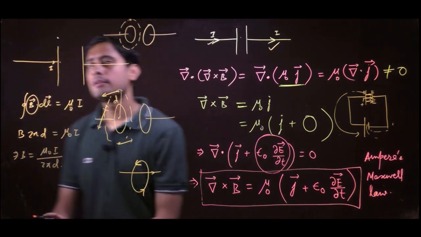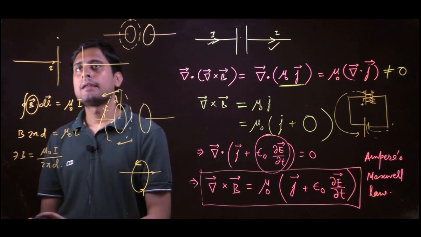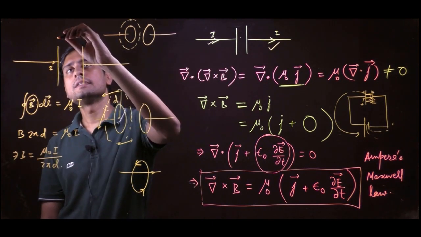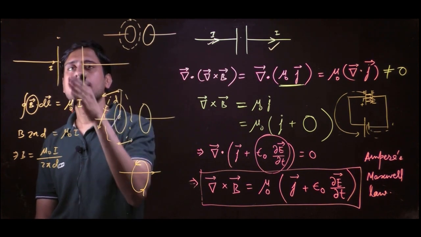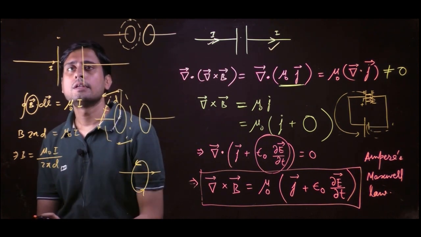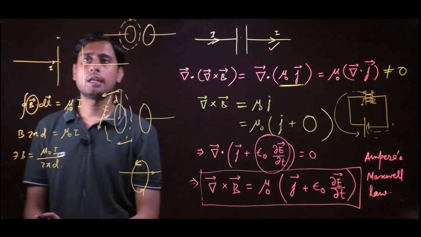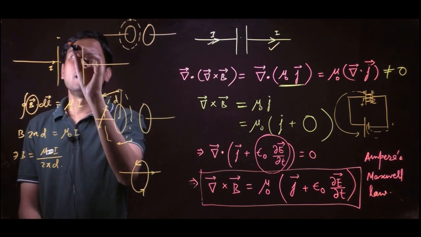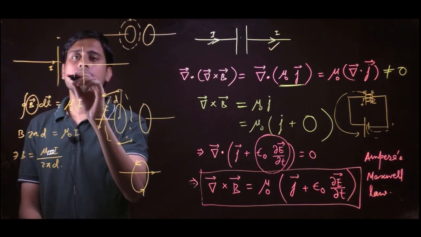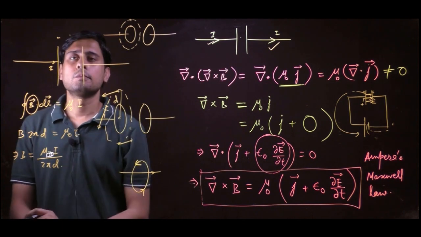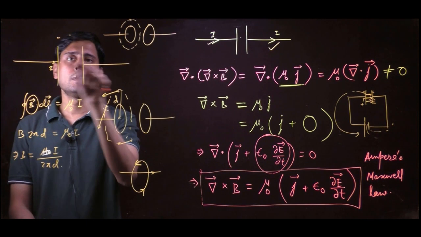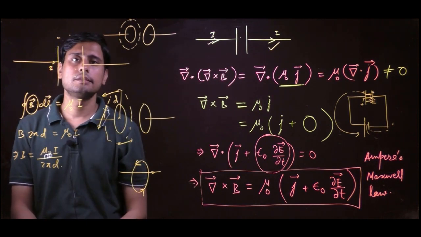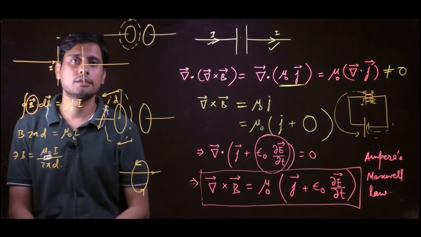But what if you calculate the magnetic field just after it, or anywhere inside this capacitor? Then you do not expect any magnetic field at any point inside, because there is no current flowing inside this capacitor, because there is no connecting wire.